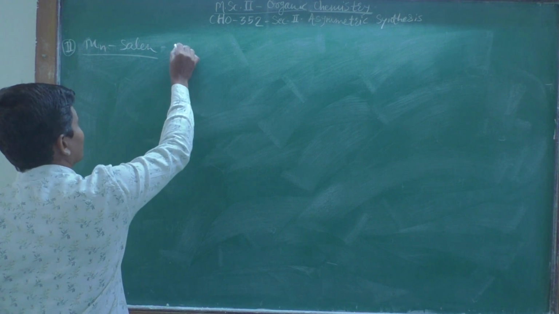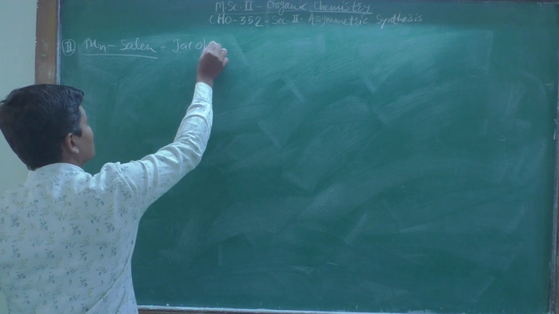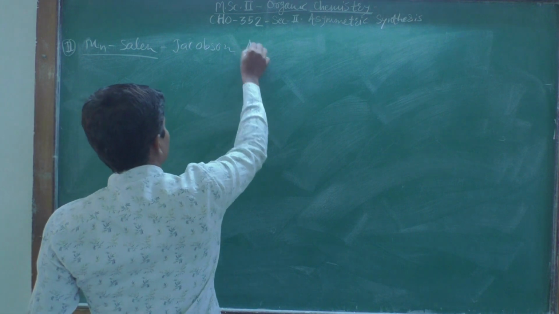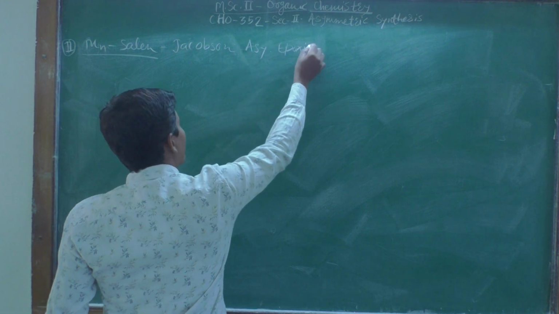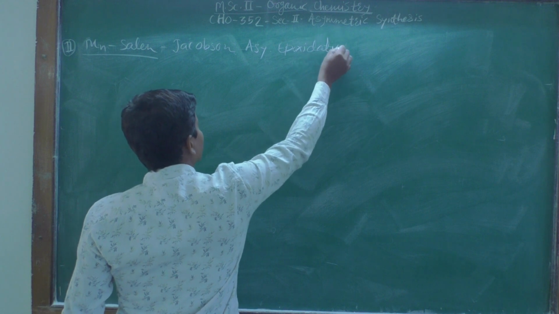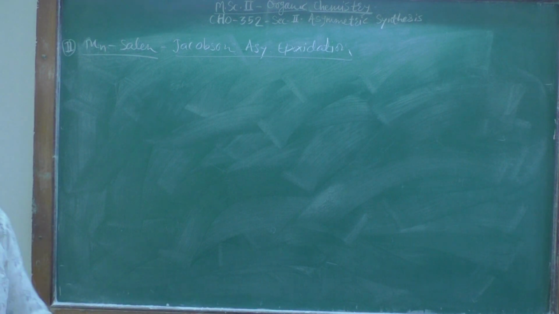Manganese salen Jacobsen asymmetric epoxidation. Okay, the things are different in this case, and we are going to see that one.